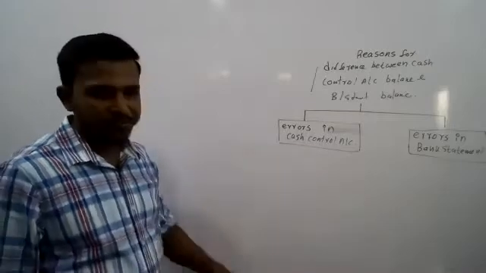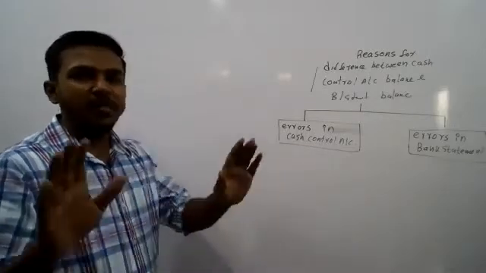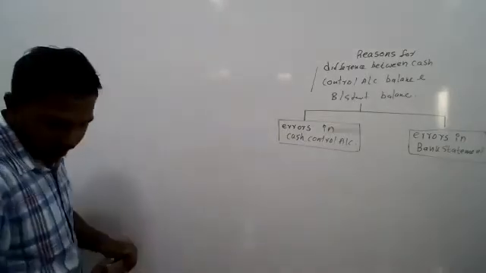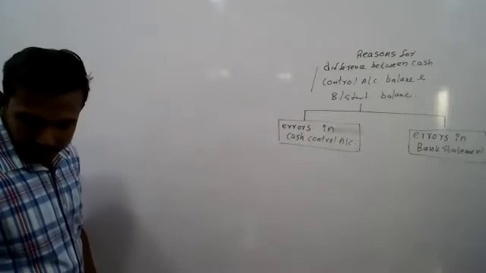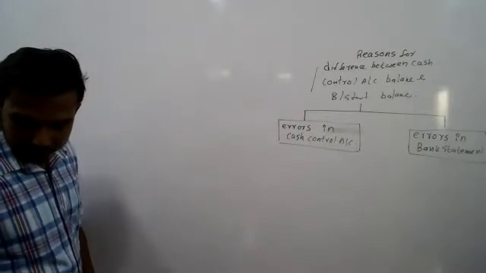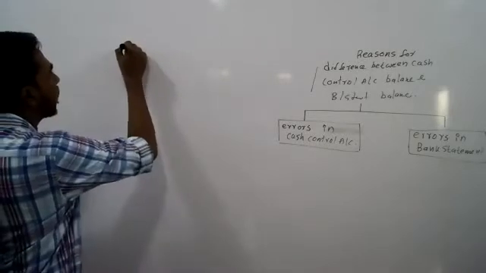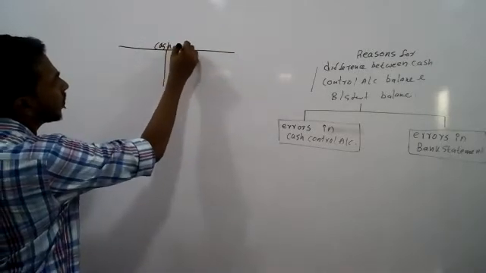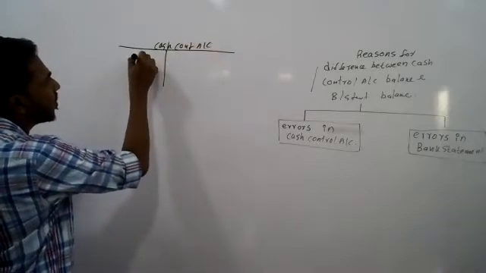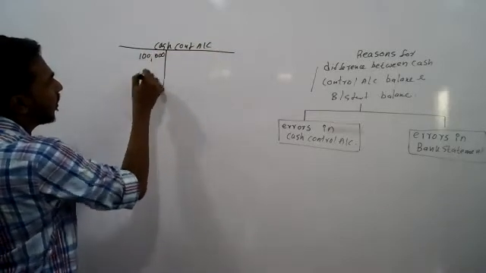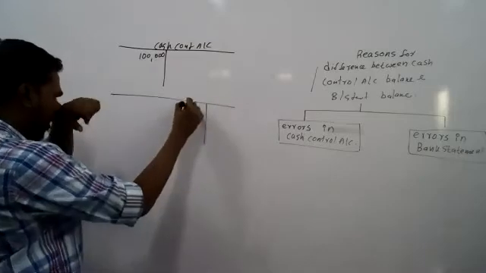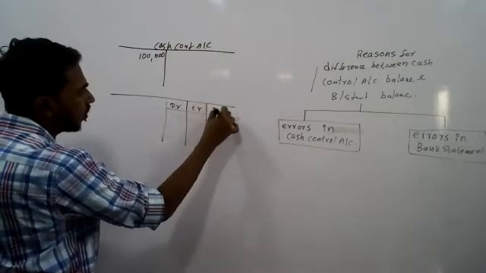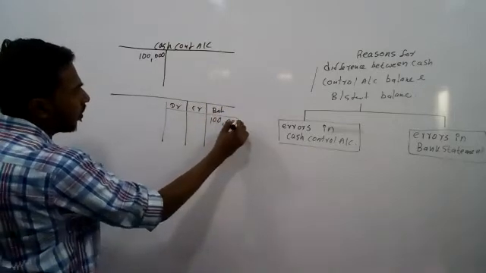First we'll move to this. That means what they might miss. As an example, this is my cash control account. Balance is 100,000. Clear? Then the bank statement is 100,000.